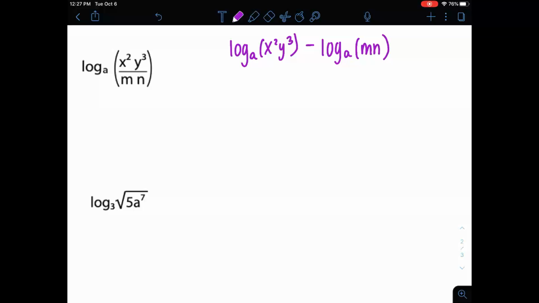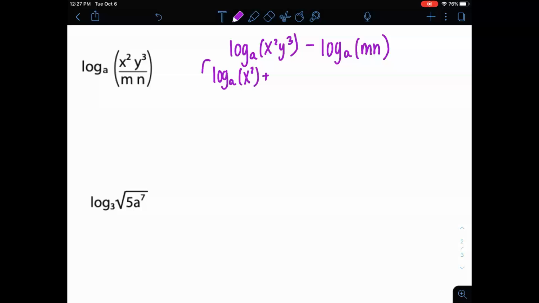Now, if you notice, in both of those logarithmic expressions, I have multiplications. I have two variables inside there, so I can split those apart by doing my addition rule. So this turns into log base A of x squared, and again, this is a plus.